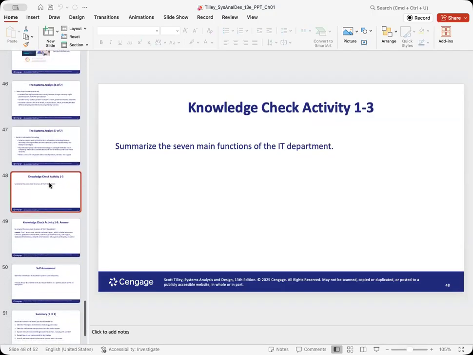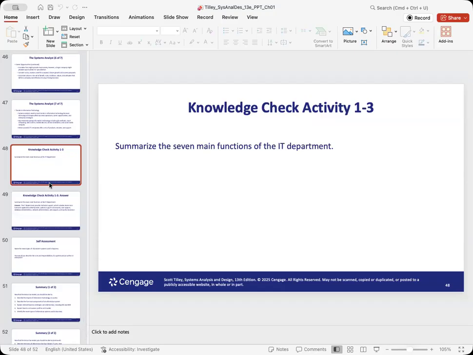Can you summarize the 7 main functions of the IT department? When you're asked, can you summarize it? Richmond. Can you summarize the 7 main functions of the IT department?